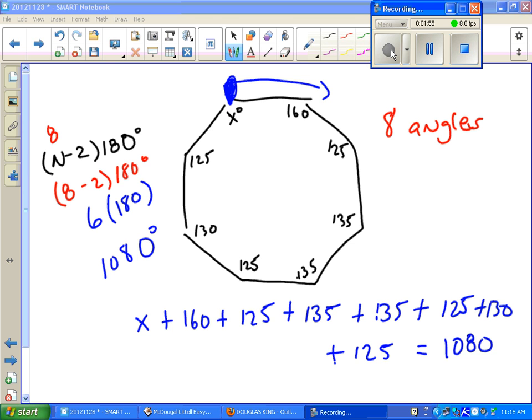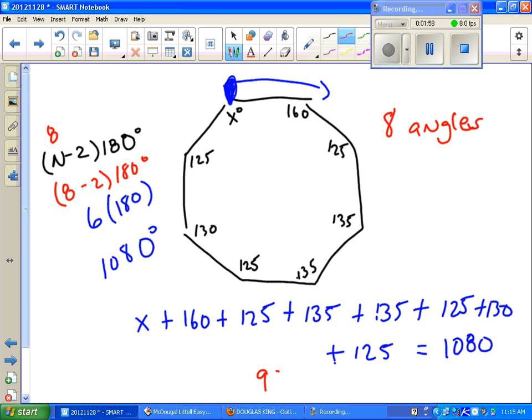And when we add all of those up, 160, 125, 135, 135, 125, 130, and 125, we get 935 plus x equals 1,080.